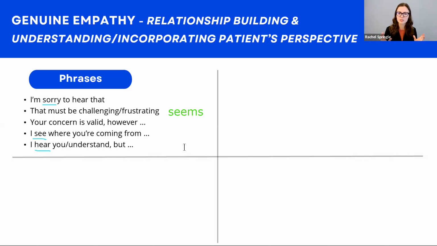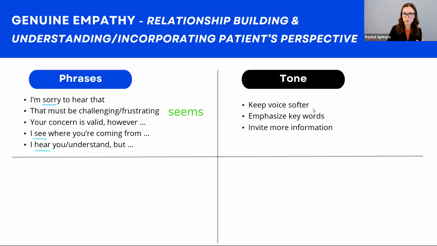So what the examiner is looking for is that you are showing empathy through those phrases, but there's a second part to it, and these go hand in hand. So make sure tone matches the empathy. Unfortunately, when we're under time pressure, we sometimes remember what to say, but how we're saying it is not always clear. So when you're saying these phrases, keep your voice a little bit softer.